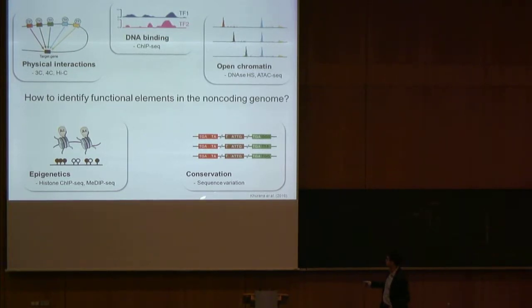I mentioned conservation already. And also not just the primary sequence of the non-coding genome, but also other marks that we think are relevant for function, things like methylation of DNA bases or modifications of the histone proteins that the DNA is wrapped around. So we already have all these assays for function.